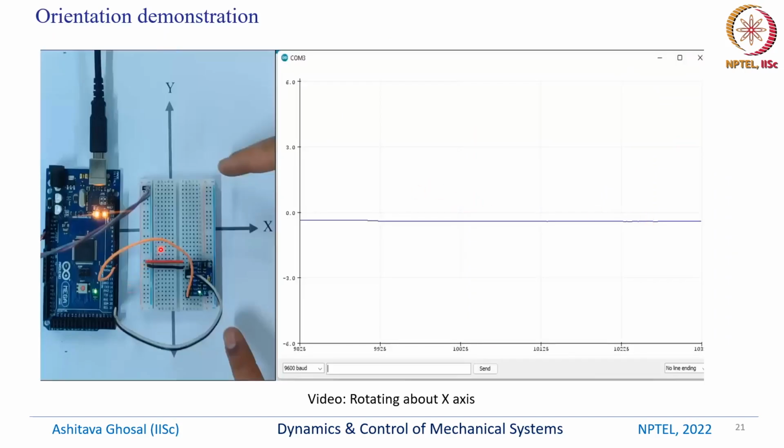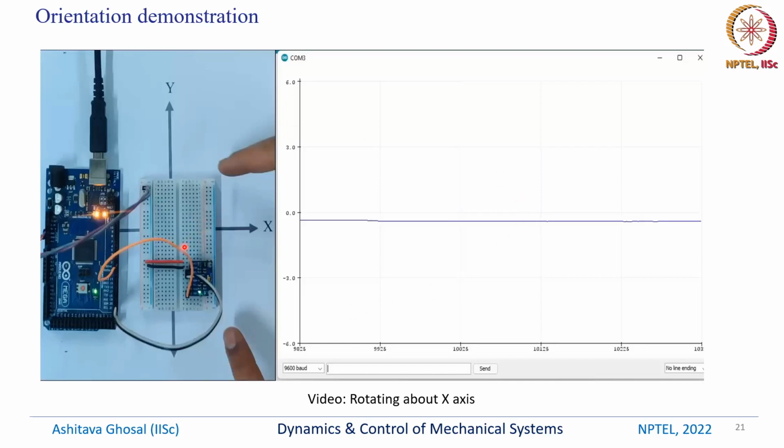So here is a video which shows how this combination of MPU 6050 and this Arduino can be used to measure orientation. This video shows how to rotate about the x-axis.